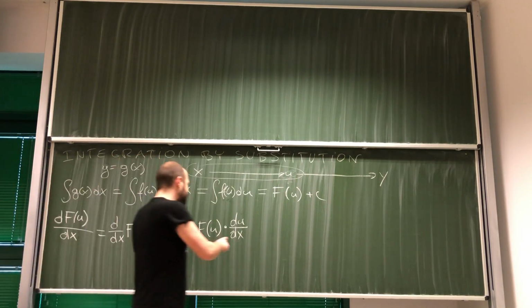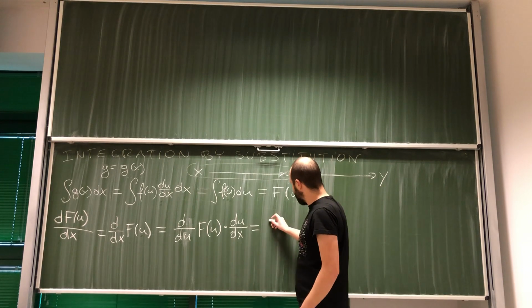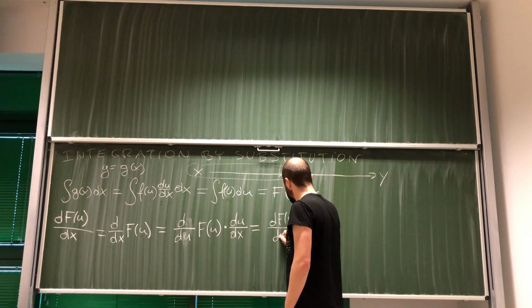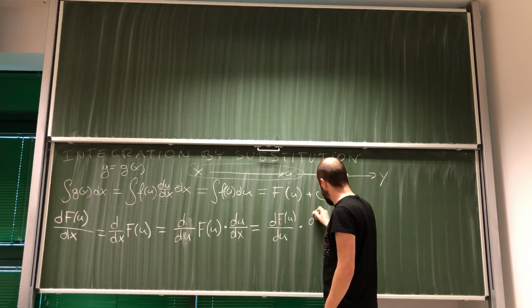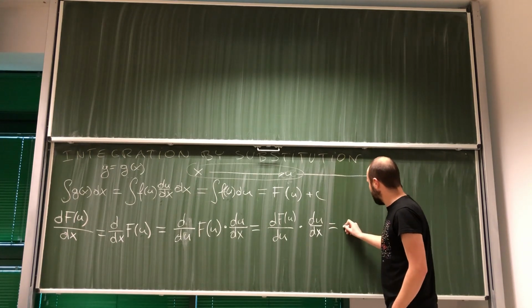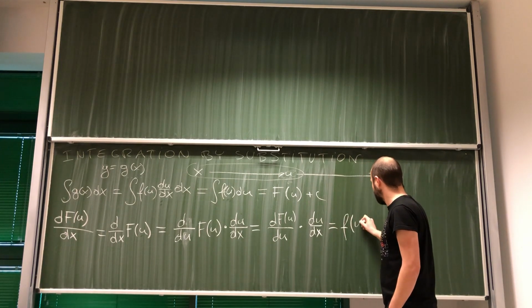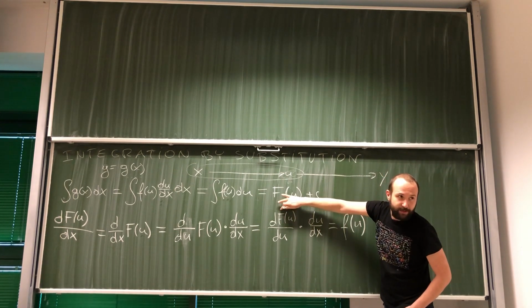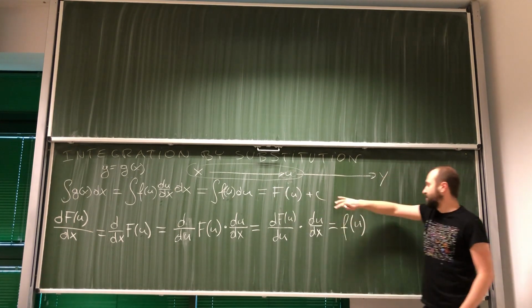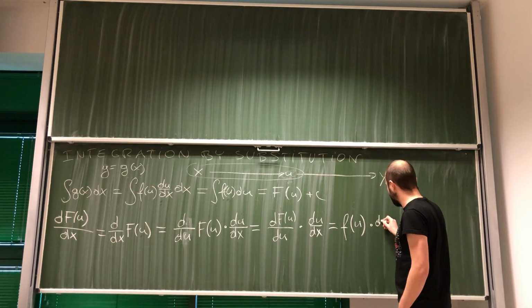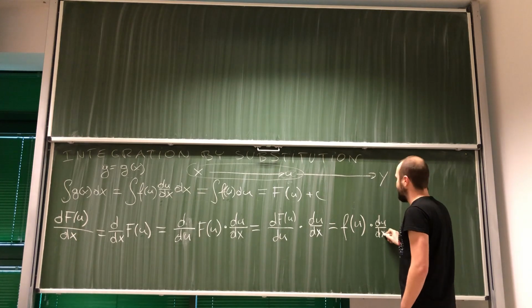Basically what we get out of this is the derivative of f of u with respect to u multiplied by the derivative of u with respect to x. And of course this, in other words, is f of u. Remember, because we are now using capital letters for the primitive function, this is the derived or derivative function, times du dx.